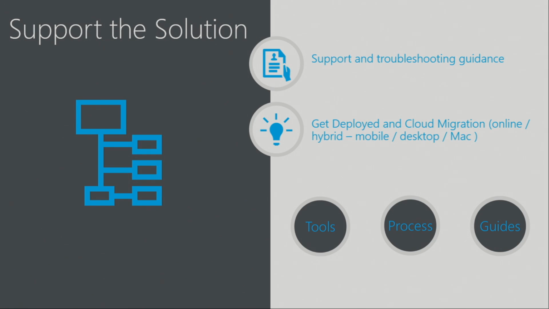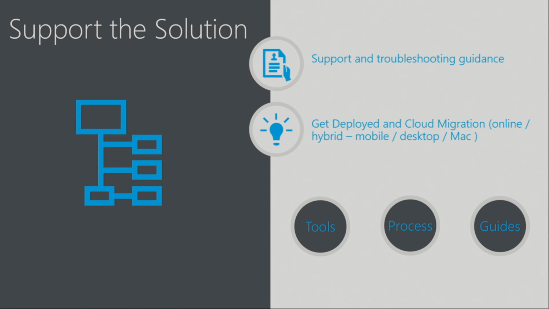I also need to be able to get through this operate state, right, into this support mindset and into this reporting and run state. So now I've gotten users moved over. Well, how do we do support? How do we provide guidance for troubleshooting? What are some of the things that the IT pros need to know on troubleshooting?